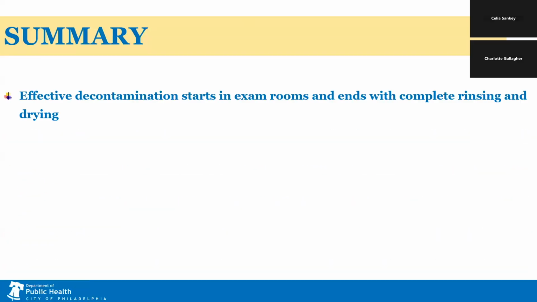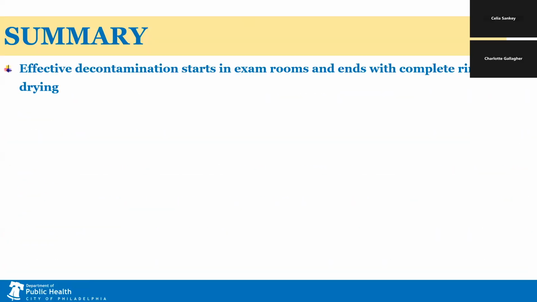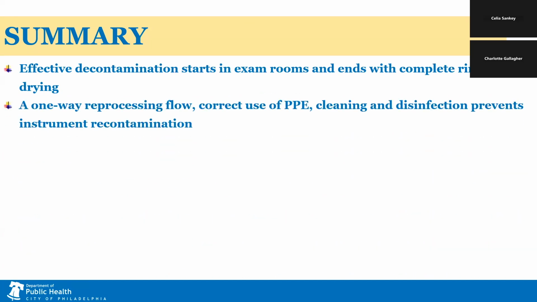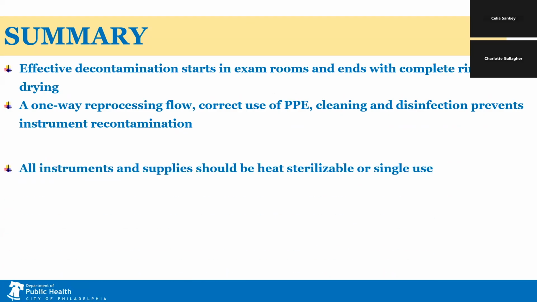In summary, effective decontamination starts in the exam rooms and ends with complete rinsing and drying. A one-way reprocessing flow, correct use of PPE, cleaning and disinfection prevents instrument recontamination.